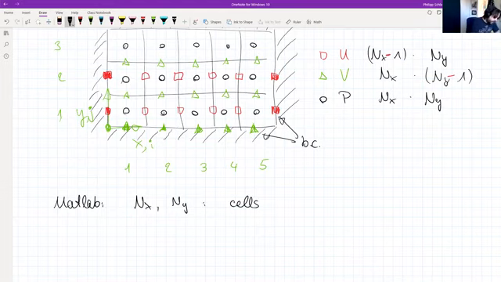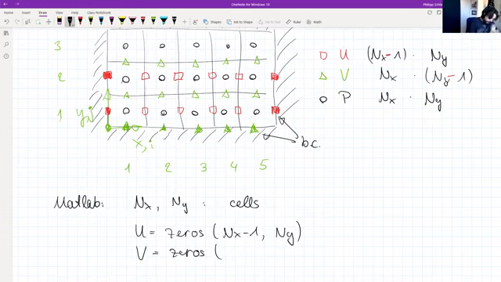But if you initialize the u velocity field, let's just do an example, with zeros, you would need to initialize it as nx minus 1 and ny, whereas the v velocity would be initialized as nx and ny minus 1. The pressure, on the other hand, would be exactly nx times ny.